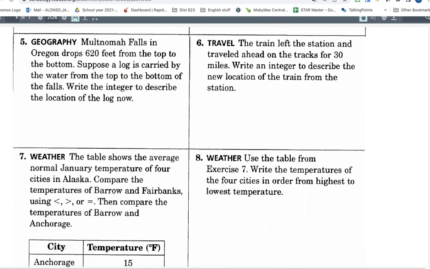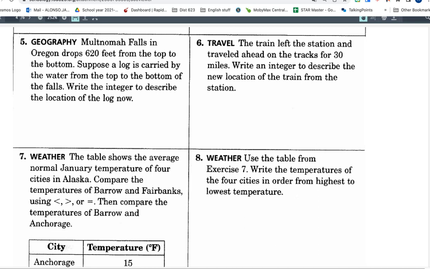Alright, so let's take a look at this one. I know that is a long one. Number 6 says, a falls in Oregon drops 620 feet from the top to the bottom. Suppose a log is carried by water from the top to the bottom of the fall.